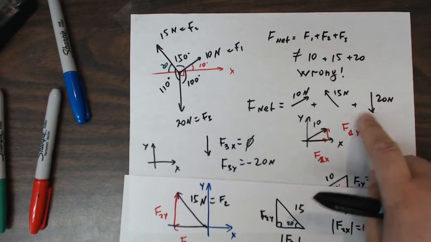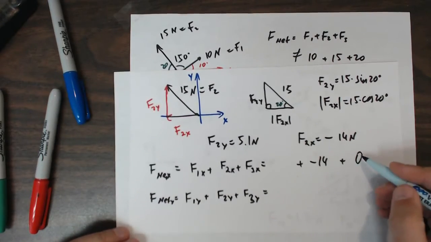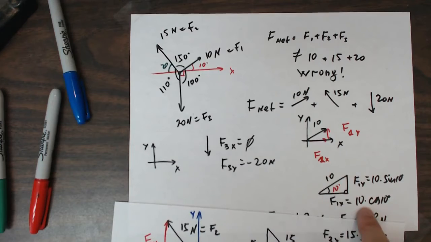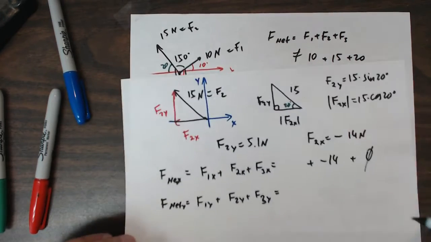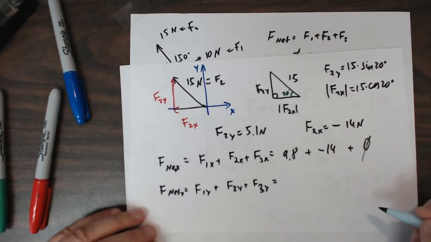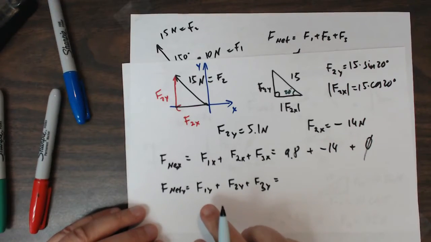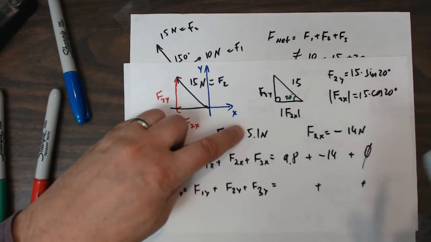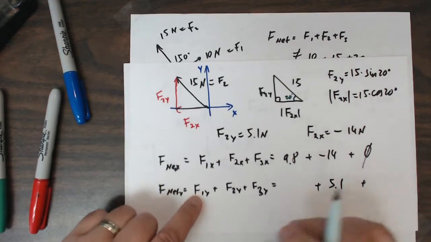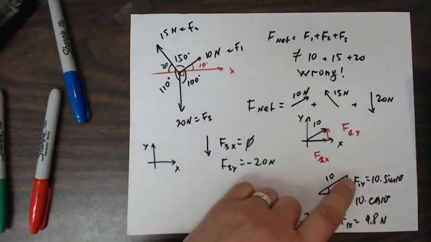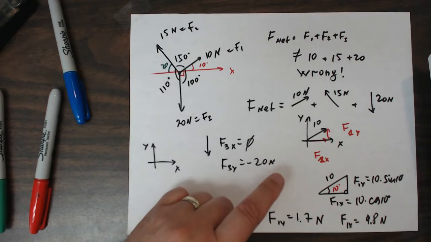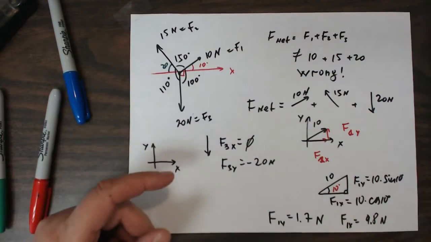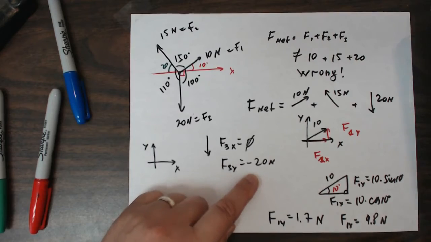The force number 3 doesn't have the x component. The force number 1 has the x component equal to 9.8. And now plus plus, this equals 5.1. The force number 1, 1.7, and the force number 3 has the y component, which is negative 20.